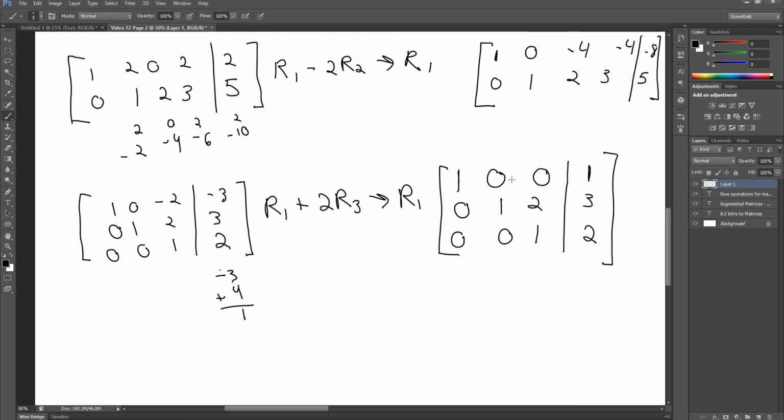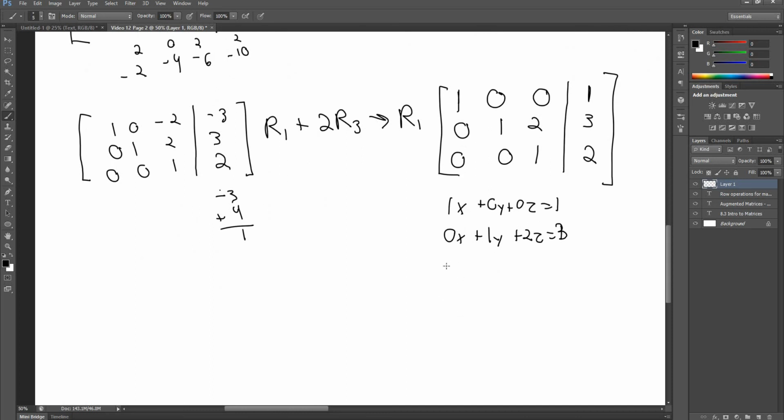I can now translate this back into a system of equations. So for row 1, this is my equation 1. I have 1x plus 0y plus 0z equals 1. For row 2, I have the equation 0x plus 1y plus 2z is equal to 3.